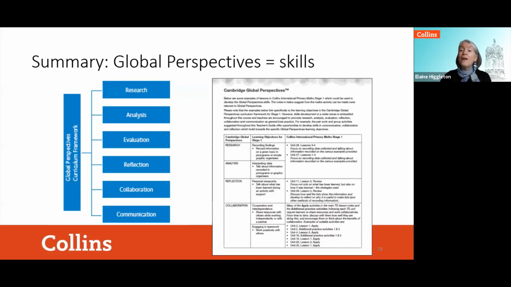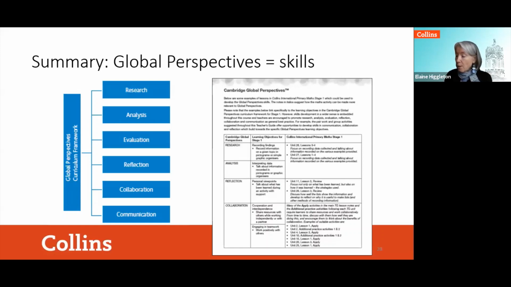They're important for everything students are learning, and your maths teachers can be helping support what you're doing in Global Perspectives if they take opportunities to get children to work in pairs and collaboratively, as we've explained can be done using the Collins materials. Your science teachers might be able to help provide scaffolding for what you're doing in Global Perspectives using some of the activities that are included in the international science materials.